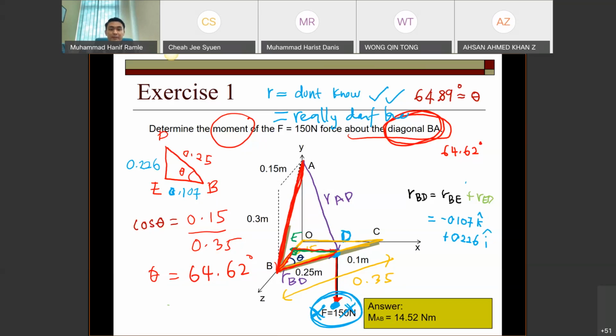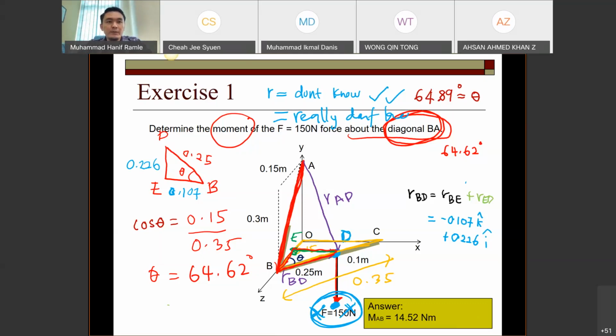And I believe that if you choose RBD, it is the simplest one compared to RAD. Do you know why? Because it only has two components, it's the shortest distance. Yes, correct.